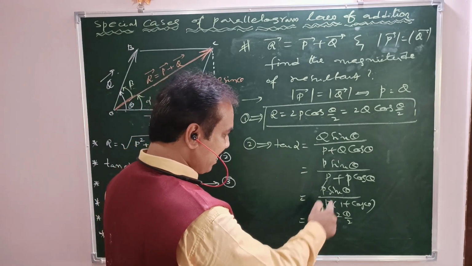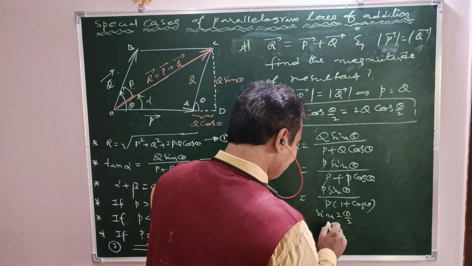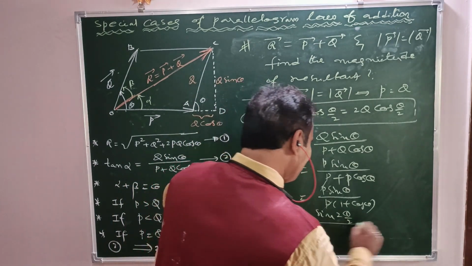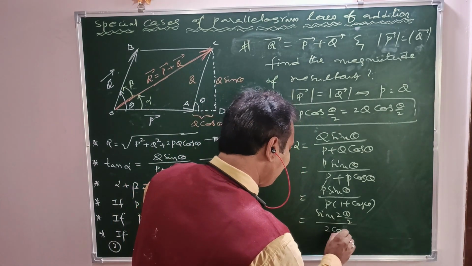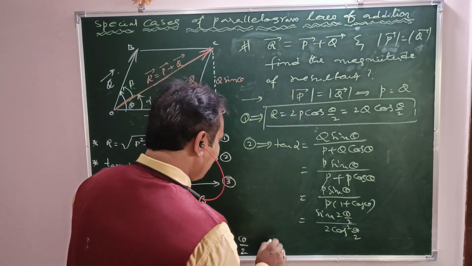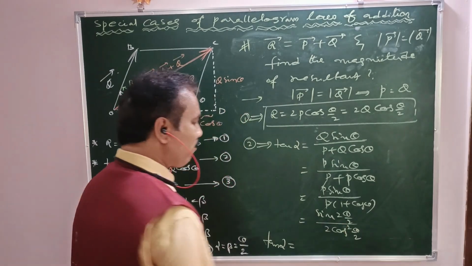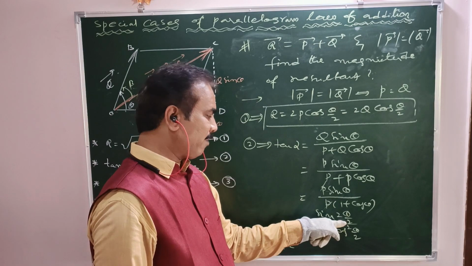So this can be written as sin theta, sin 2 into theta by 2, by 1 plus cos theta, that is 2 cos square theta by 2. That is tan alpha equal to sin 2a form, a means theta by 2.